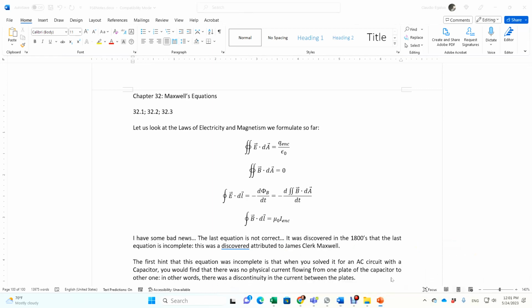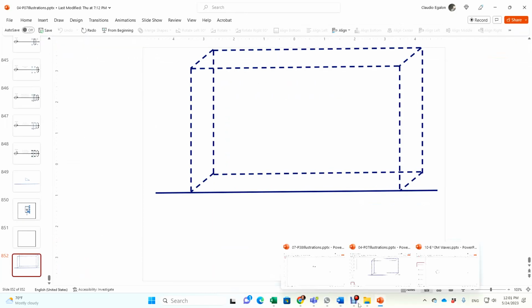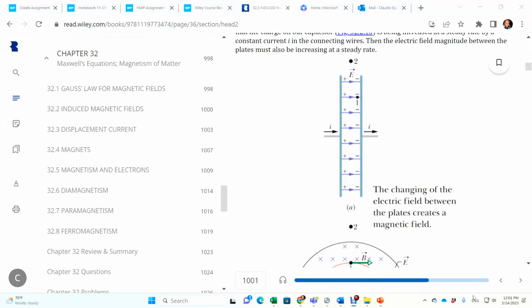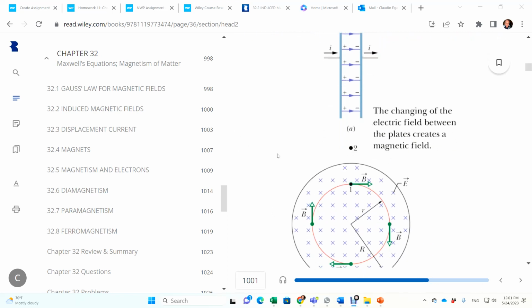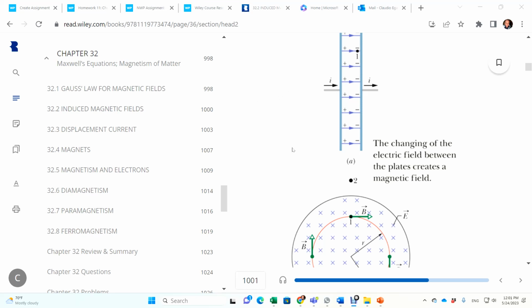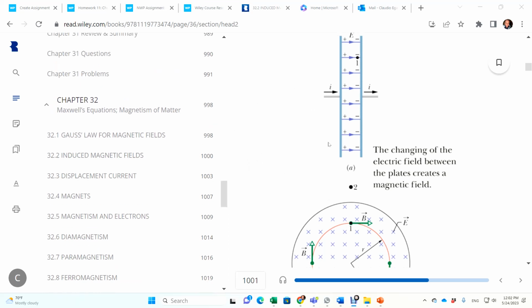Let's see if I can illustrate that for you. This is nicely illustrated in your book right in here. Suppose this can be any type of AC circuit, connected to a generator, and at a given instant of time you have current flowing from the left to the right.